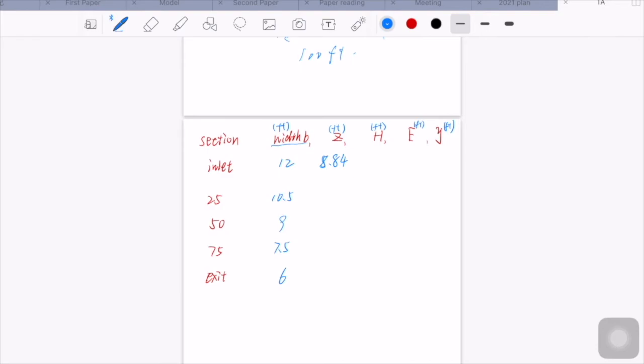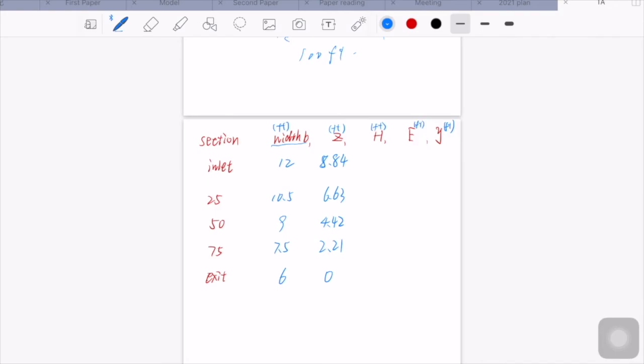And for the exit section, Z equals 0 feet. And for the section 25 feet from the entry section, Z equals 6.63. For this section Z equals 4.42, and for this section Z equals 2.21 feet.